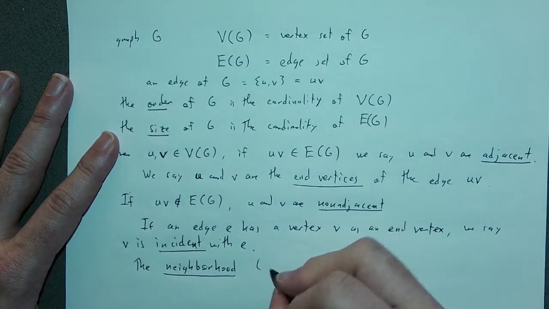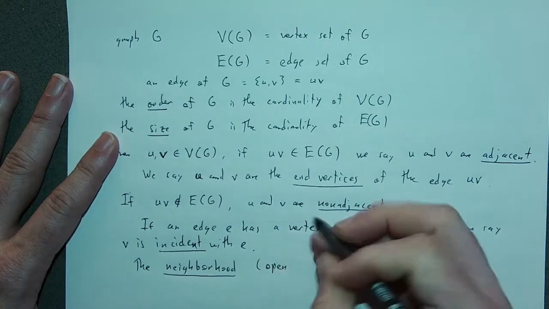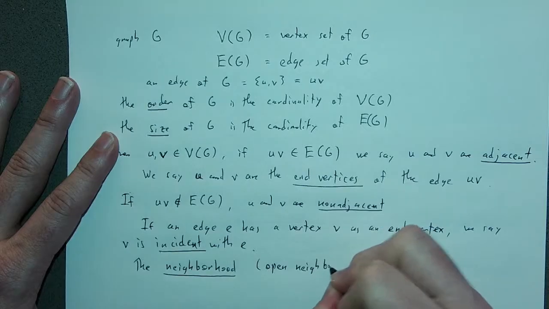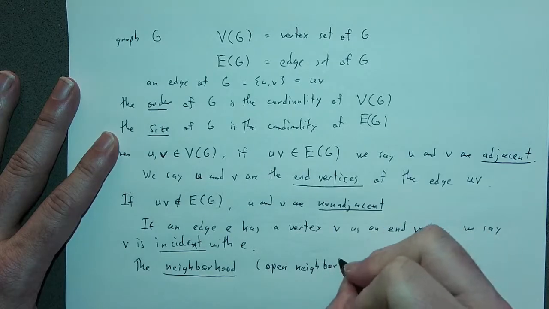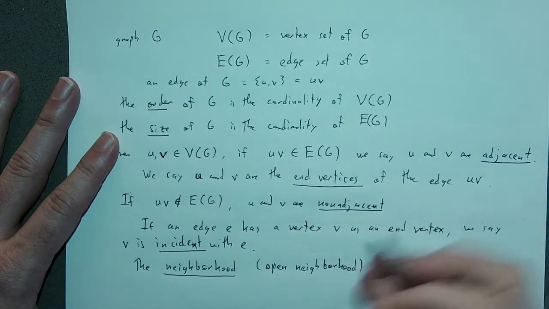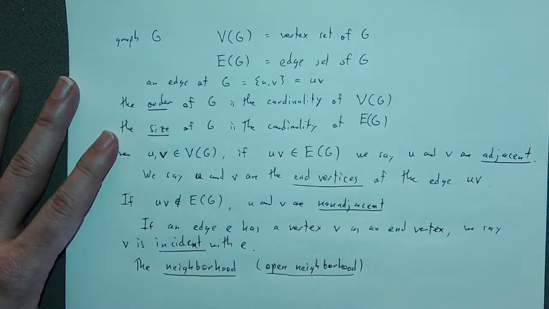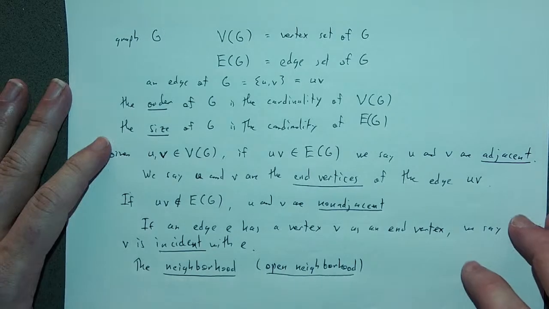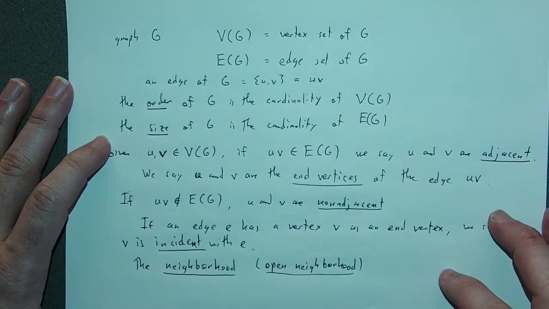But more properly, maybe we should say the open neighborhood. This is not simply a convention in graph theory. This is also a convention in topology. It's not too crazy to see the parallels in the fact that these subjects are related.